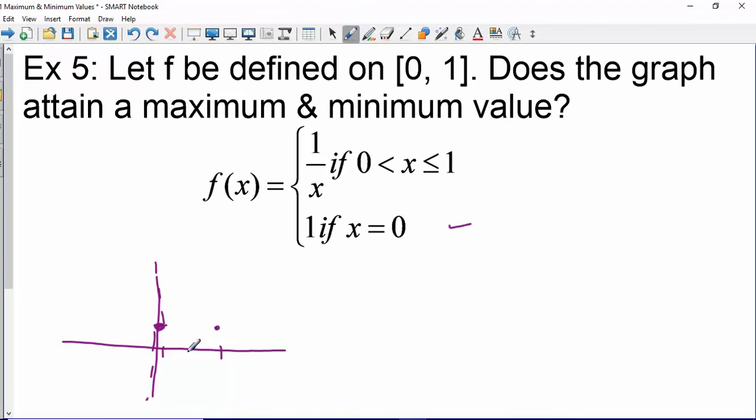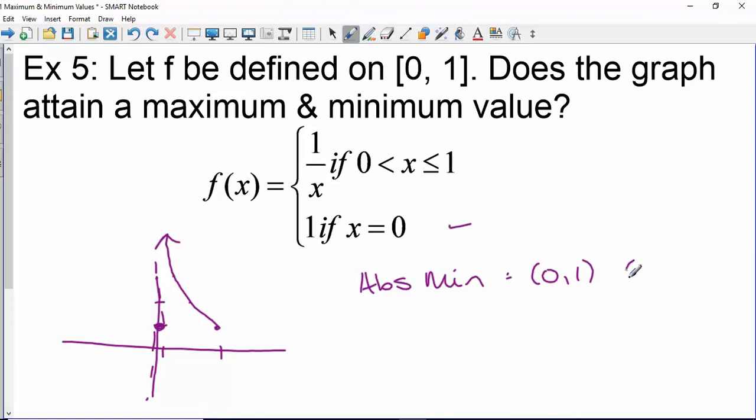If you put in 1, 1 over 1 is 1. If you put in like 1/2, what's 1 divided by 1/2? 2. If you put in 1/3, you would get out 3. It just looks like this. So does that one?